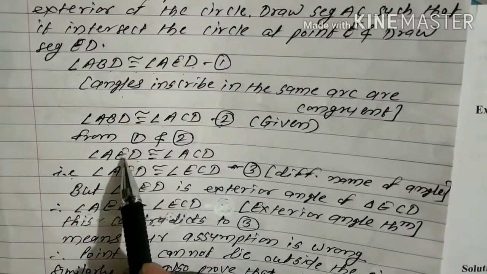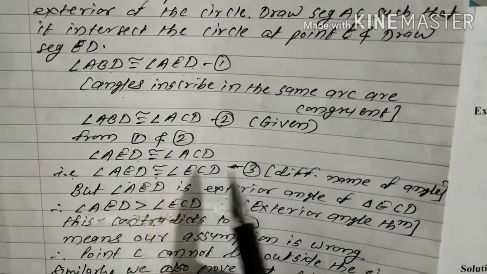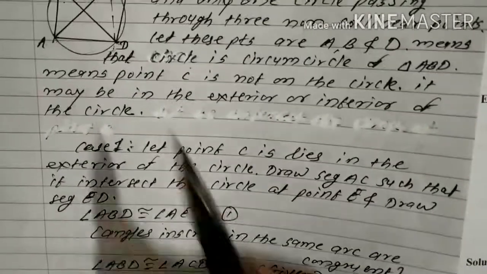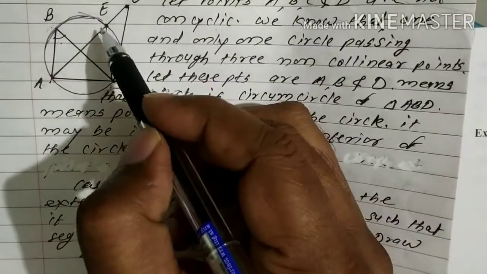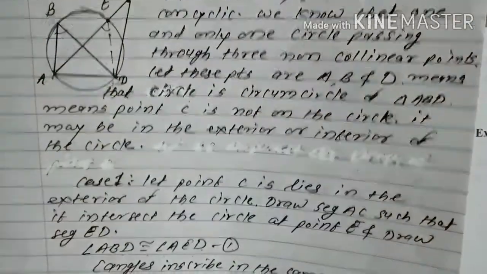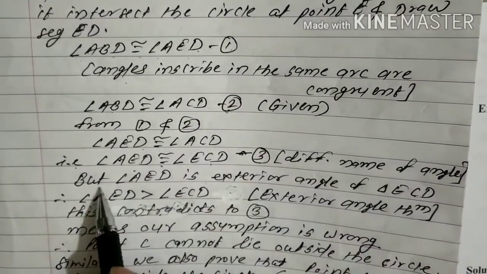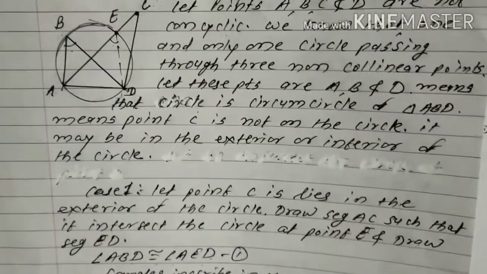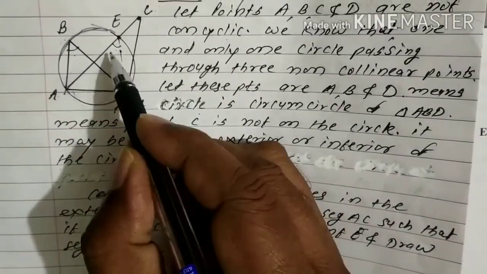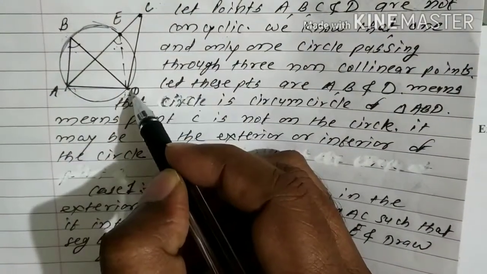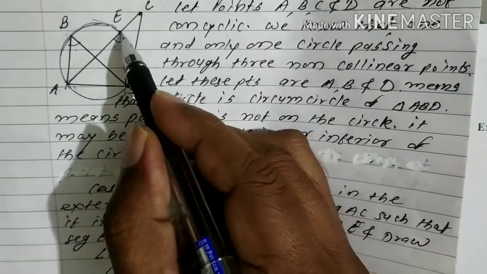That is, angle AED is congruent to angle ECD. Angle ACD, you write as angle ECD, a different name for the angle. Equation 3. But in the figure, angle AED is an exterior angle of triangle EDC.